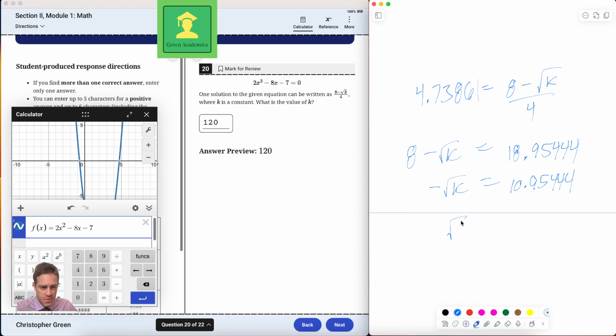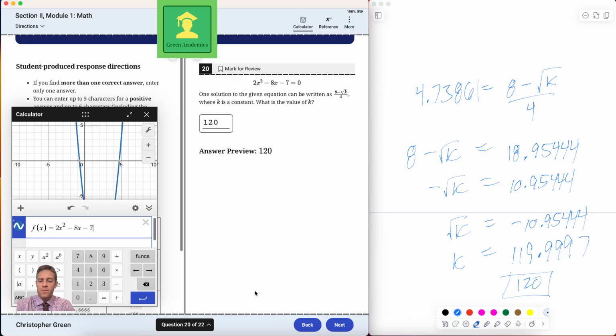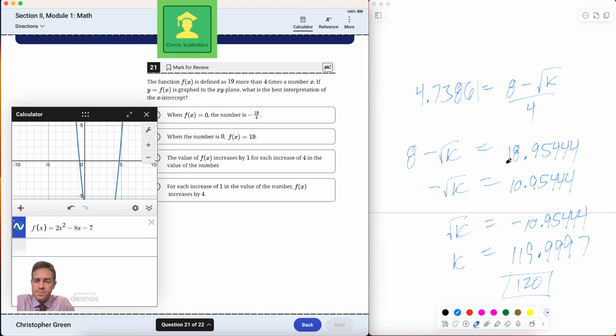You could flip to put the negative on the other side, but it ends up not really mattering here. And then square the entirety of both sides, and you'll see that you get something very close to 120. So the rounding makes it imperfect, but you can still use Desmos to either confirm or help you if you're not sure how to do it.